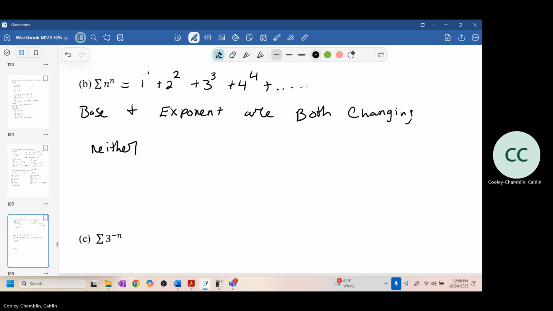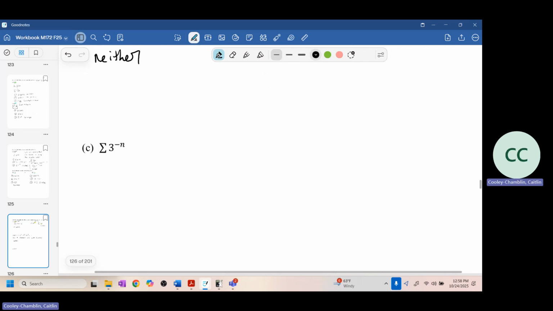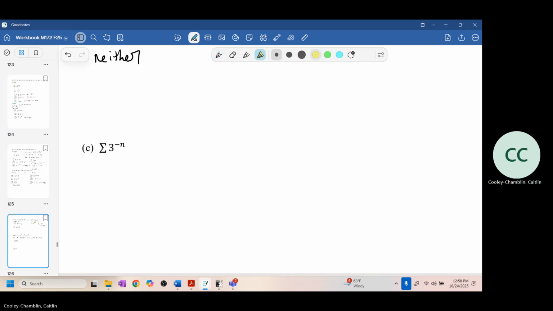All right. And then C, we have the summation of 3 to the negative n. Here, my base is set, but my exponent is changing.